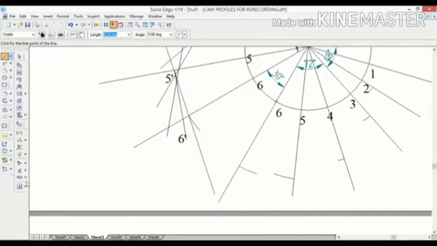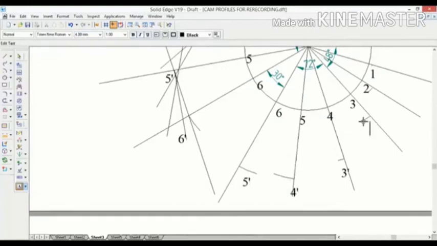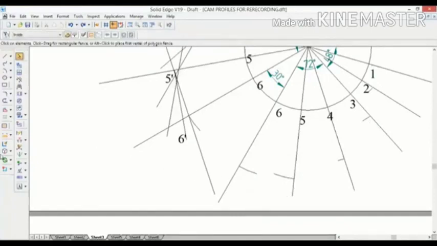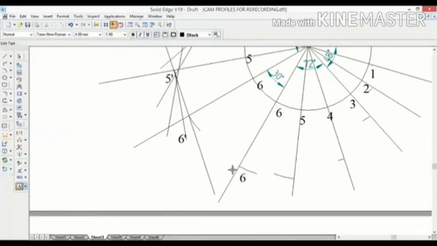So this is 5 dash. I give names first. This is 5 dash, 4 dash, 3 dash, this is 6 dash in fact, 5 dash, 4 dash, 3 dash, 2 dash, and finally 1 dash.